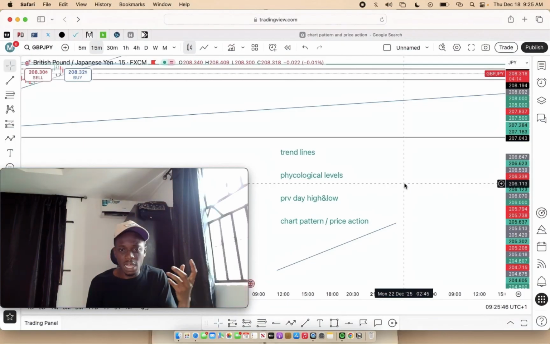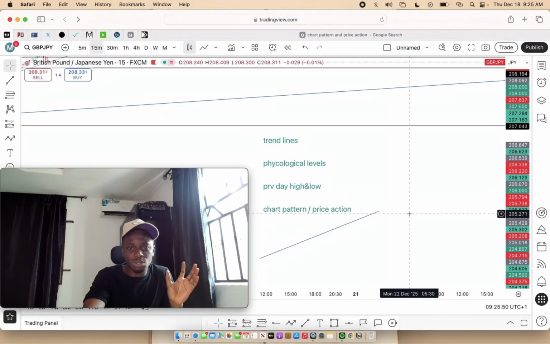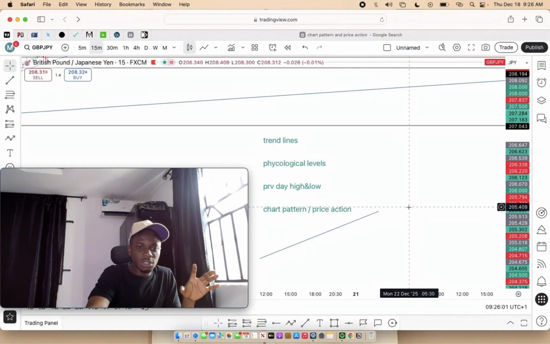So the previous day high or low is simple. I'm looking for just two things to happen at this level: either I get a breakout or a fake breakout. These levels are, let's say, where there are huge buy and sell orders, you know.